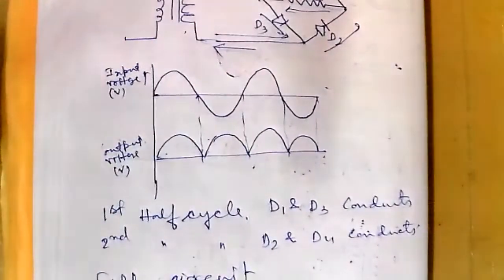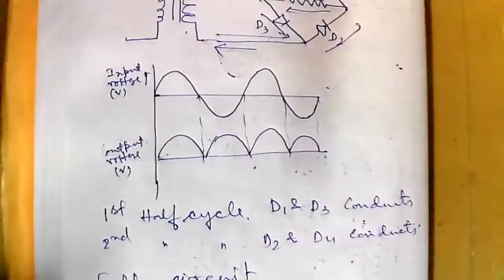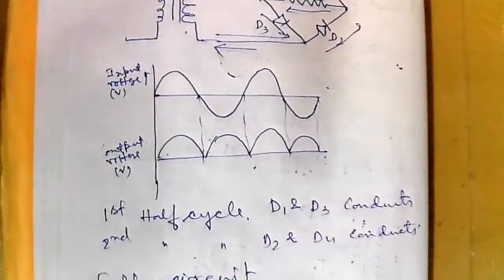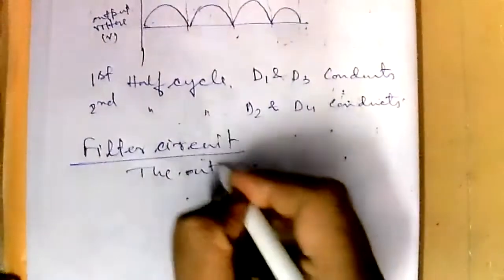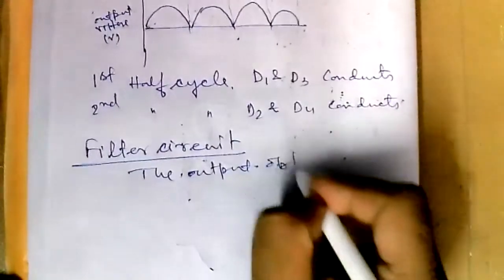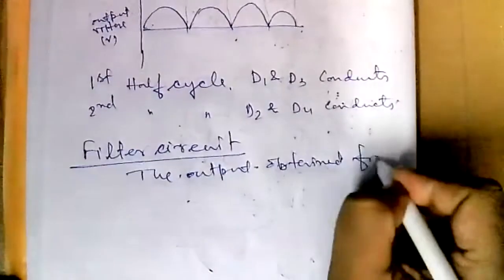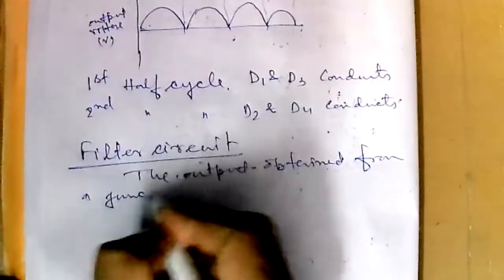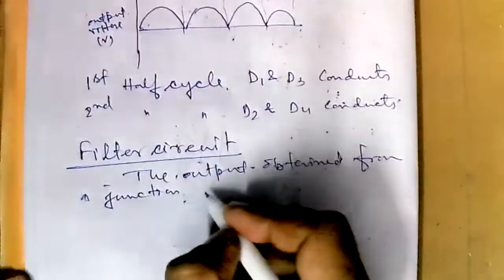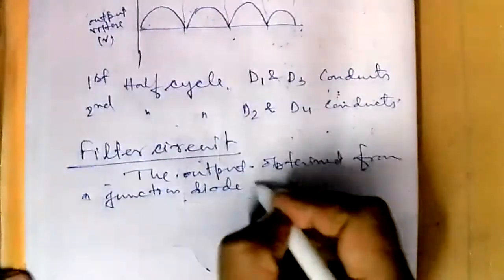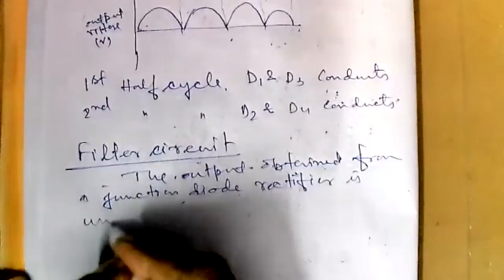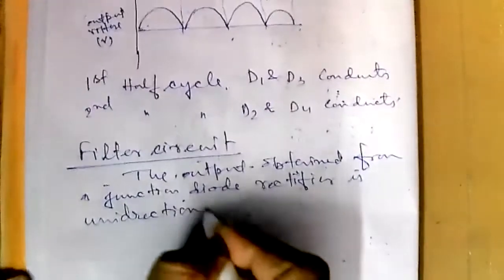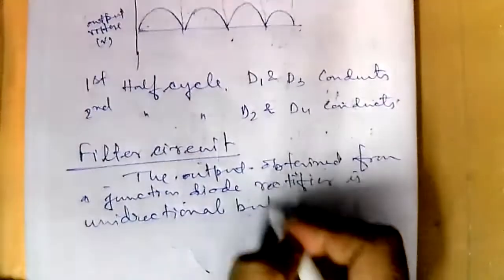So what is the purpose of the filter circuit? The output obtained from a junction diode rectifier is unidirectional but pulsating.